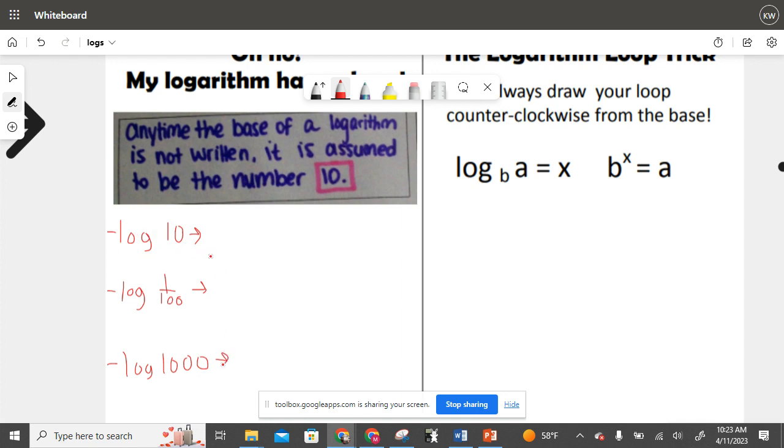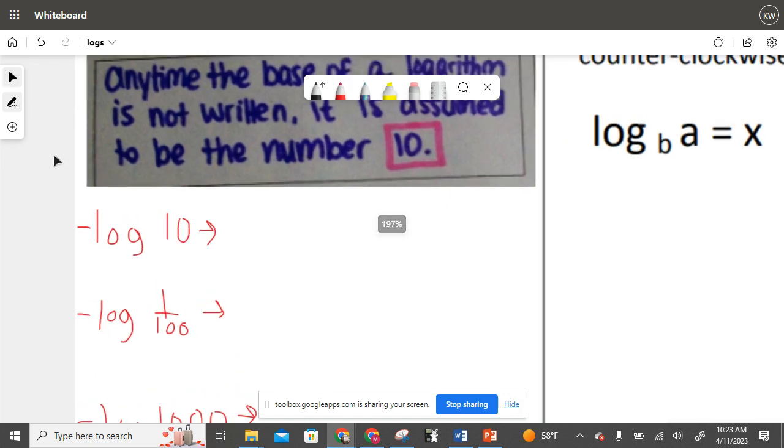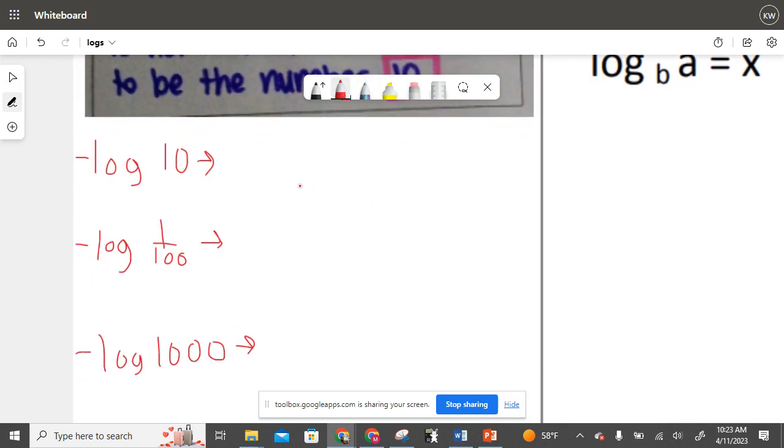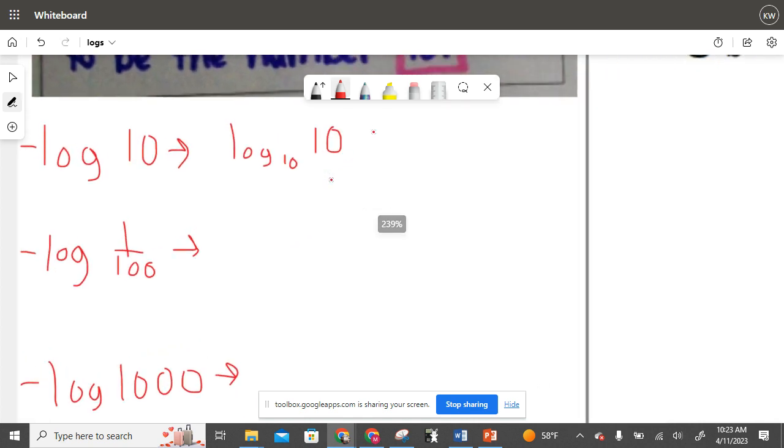So, first one, instead of log 10, you have to recognize that your base here is 10. So we got log of base 10 of 10. Now, if you're talking about log of base 10 here, next question is, what does this equal? So imagine this right here, this was our x. If it helps, it's beneficial for you to turn this back into exponential form sometimes.